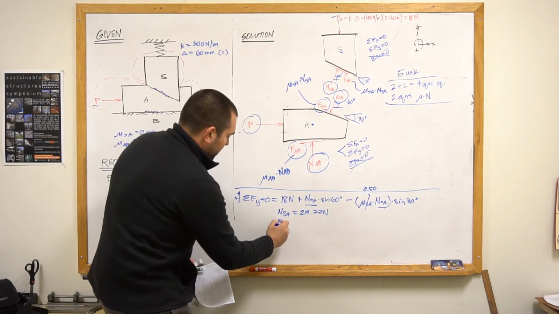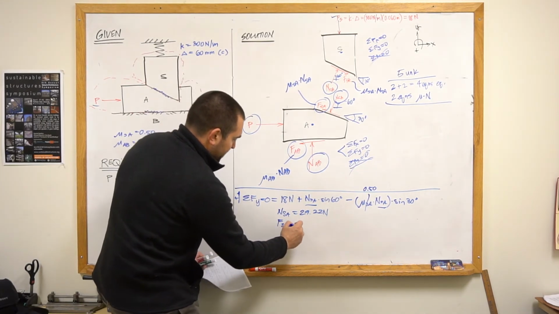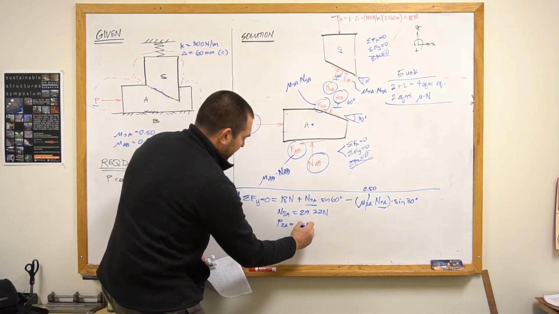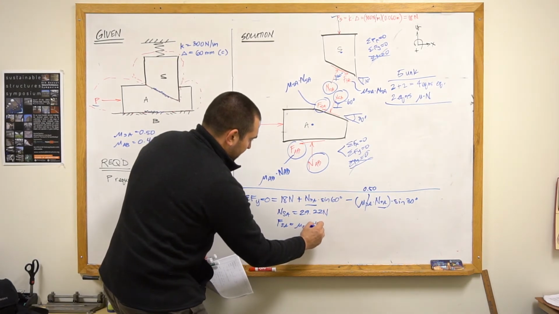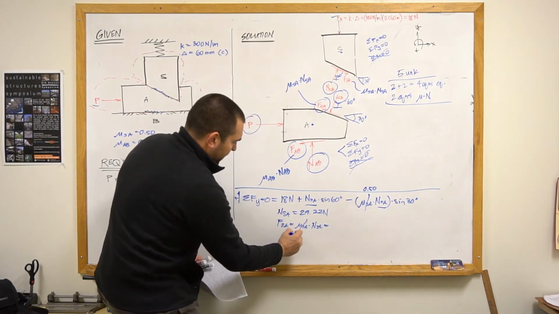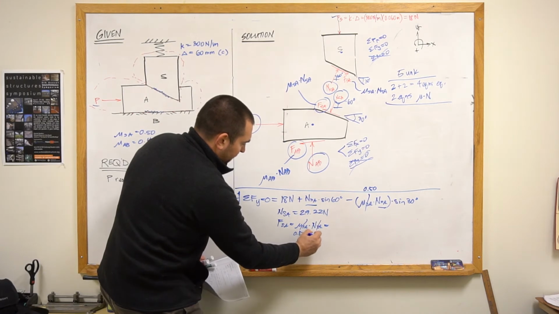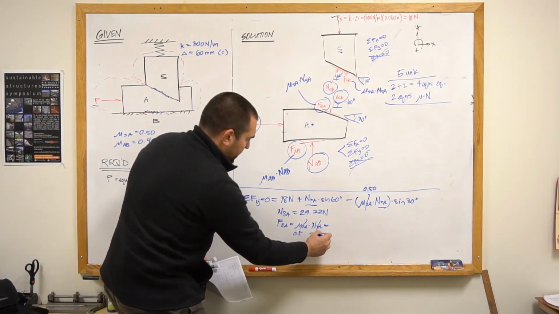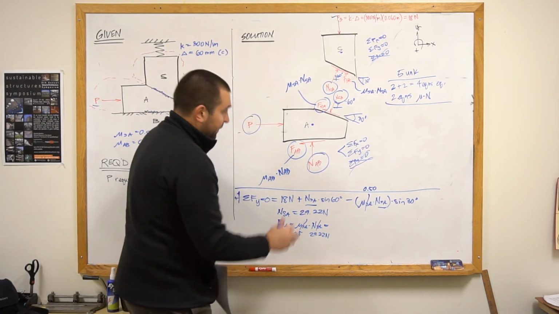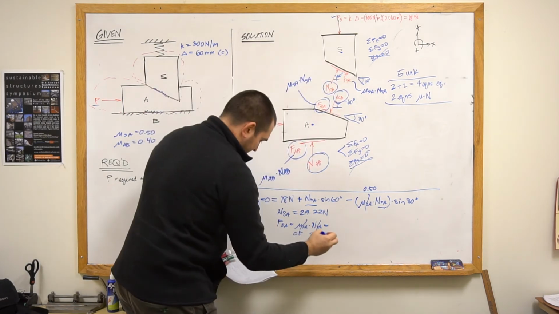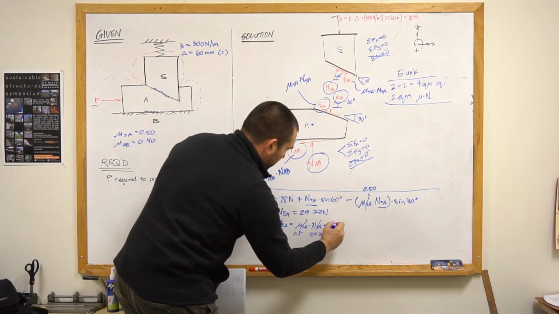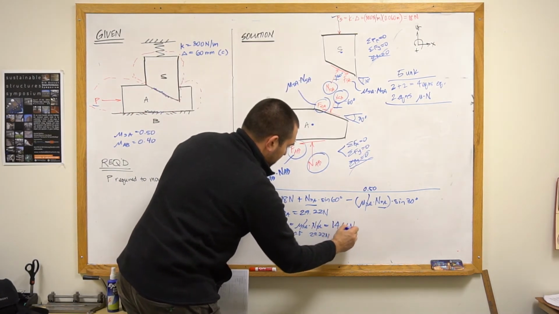As a corollary, if I want, I could also solve for the friction force as well, because the friction force along that same interface is simply equal to mu SA times NSA. I can plug in my values of 0.5 and 29.22 newtons, and I get that the friction force acting on that block is 14.61 newtons.